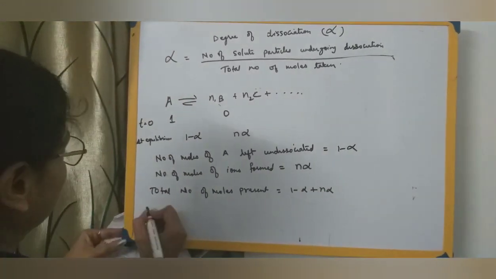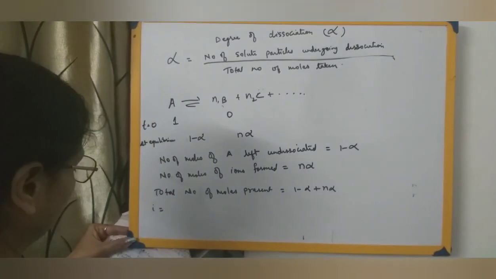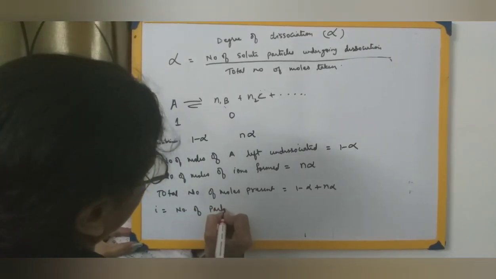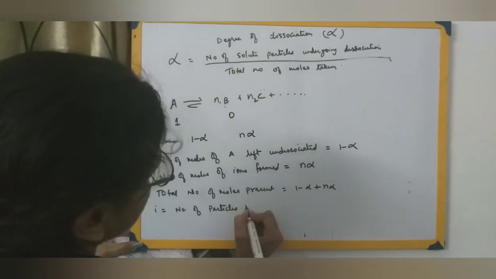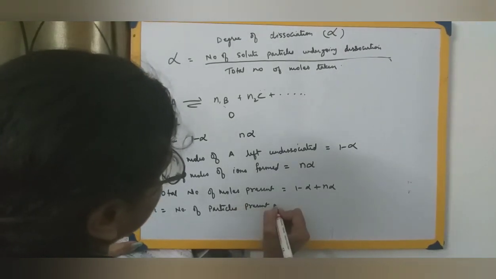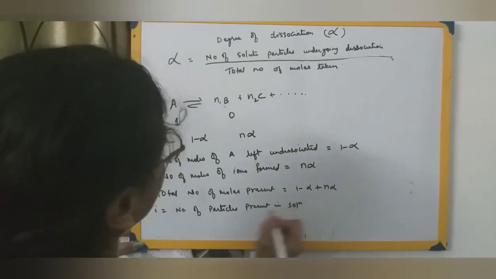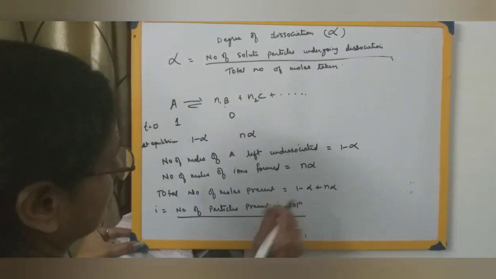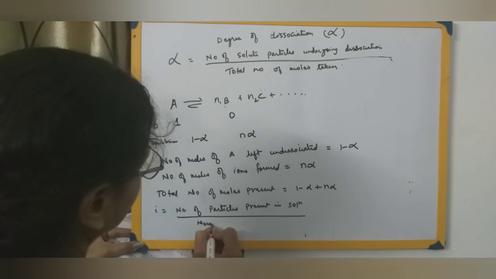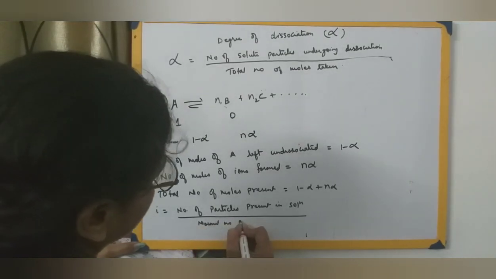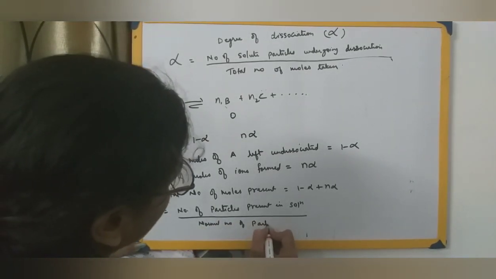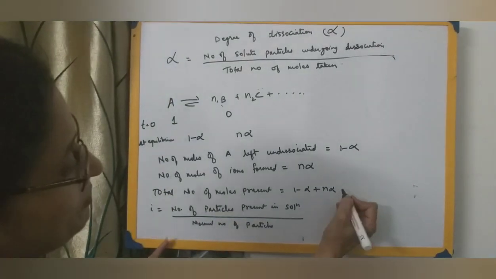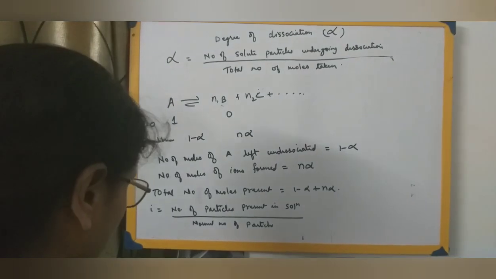So here i is equal to what? Again we come to the Van't Hoff factor, that is the number of particles present in solution upon the total number of normal particles. Number of particles present in solution means the total number of particles present in the solution.